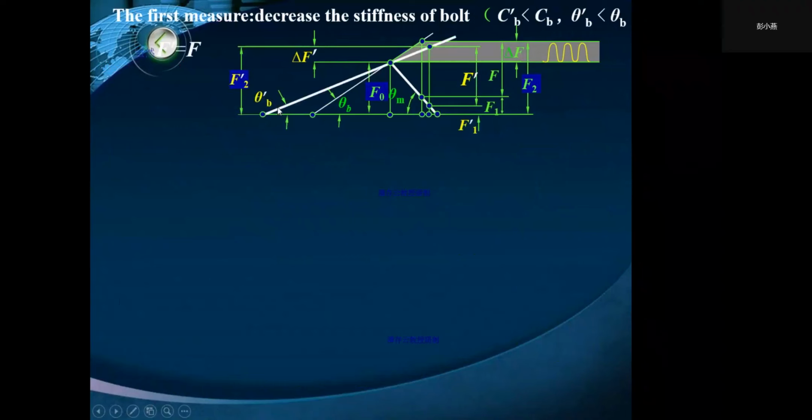For example, if we decrease the stiffness of bolt, it means to decrease the CB.